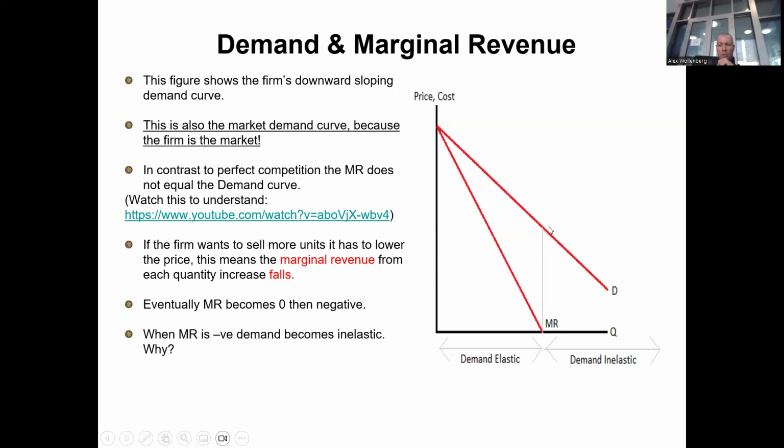So a monopoly, or actually any company for that matter, would never produce beyond the point where marginal revenue equals zero, or beyond the point of unit elasticity, and especially not a monopoly. Beyond that, demand becomes inelastic, and that means lowering the price would actually result in lower revenue, not higher revenue.